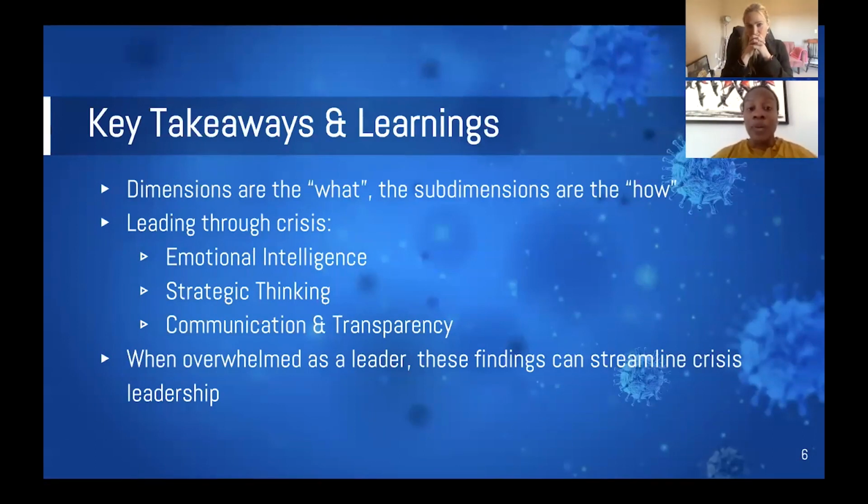Although we are very excited that we have uncovered 3 main dimensions, we felt that it was also important in our research to provide more concrete information to readers on our thoughts behind these dimensions, and that's why we included the subdimensions in our results.